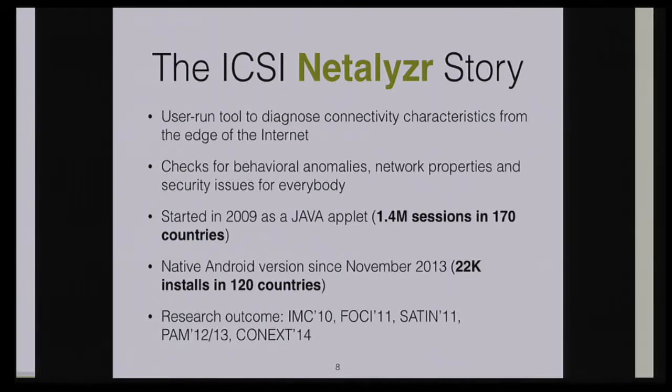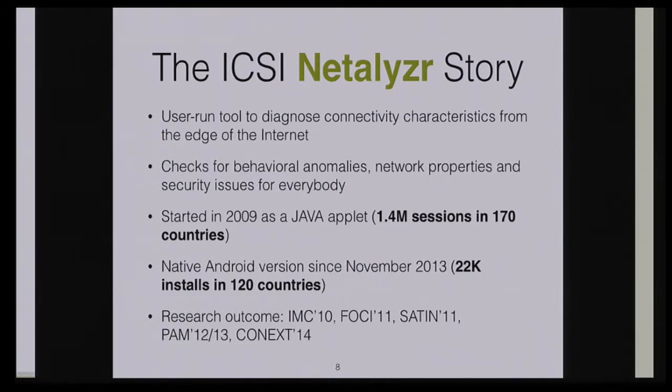And one of the main goals of the project was making this tool available for anyone independently of their technical background. And that's still quite a hard challenge for us, as we're trying to explain to users the different characteristics of the networks as well as how they can fix the issues that they're encountering.